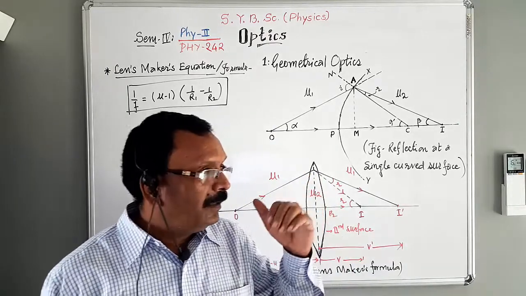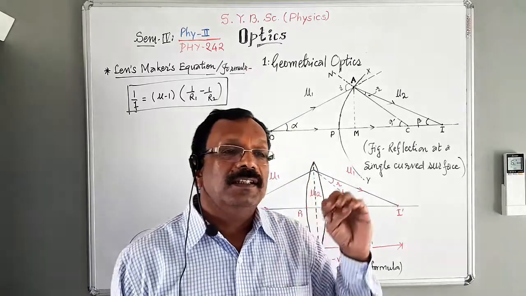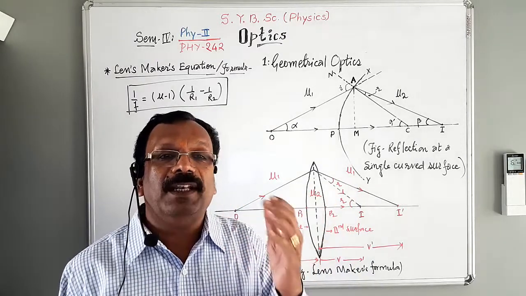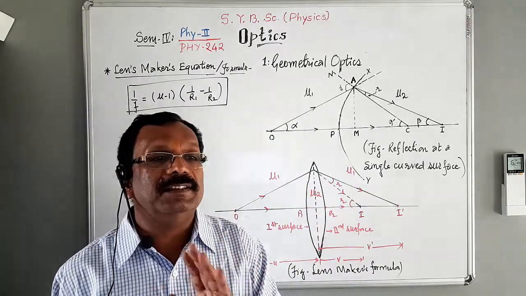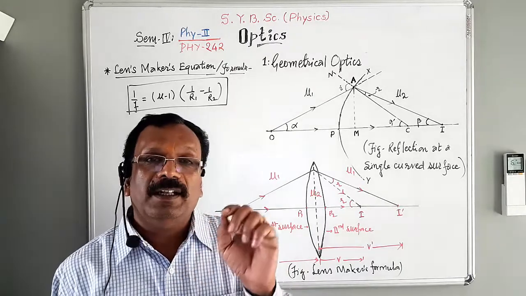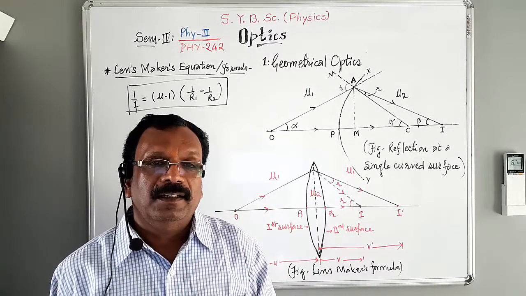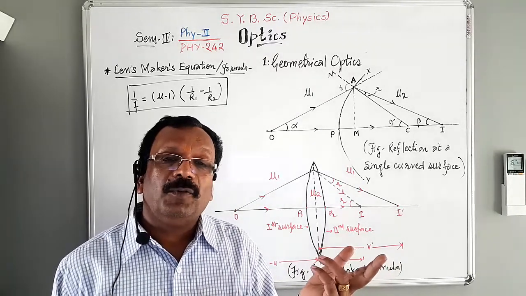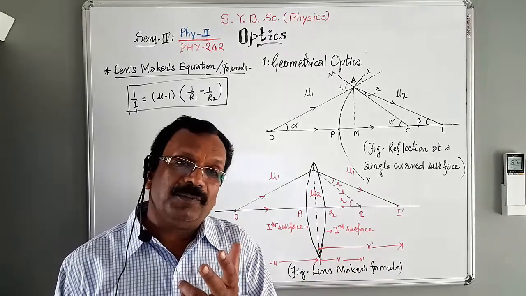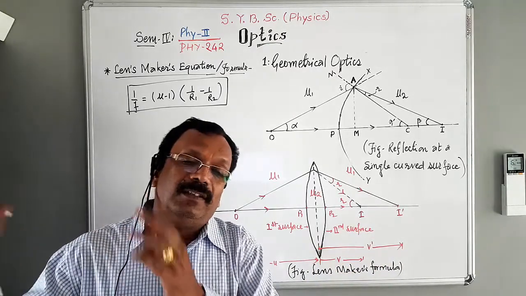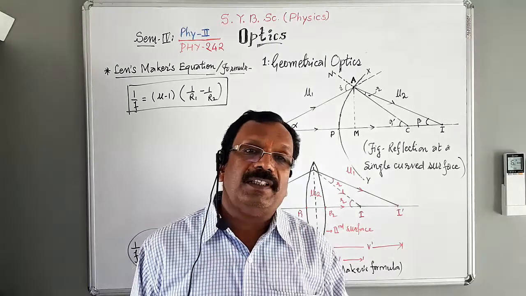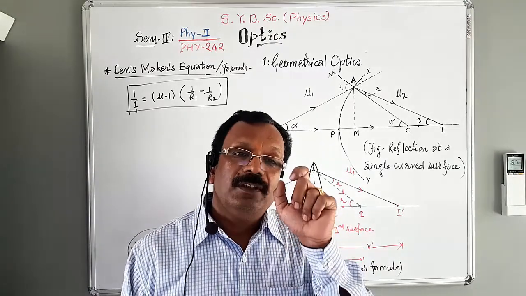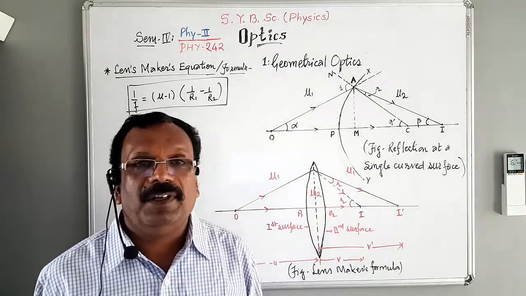Or in a multiple choice question: the relation between the focal length of the lens, refractive index of the material of the lens and two radii of curvature of the lens is called dash dash dash. Lens formula, lens maker formula, and 2 or 3 other options are there. Then you have to choose. The correct option is lens maker formula.